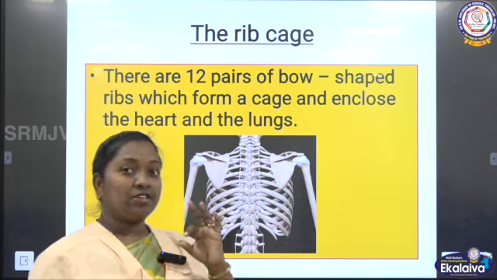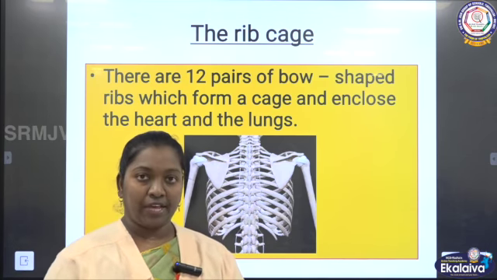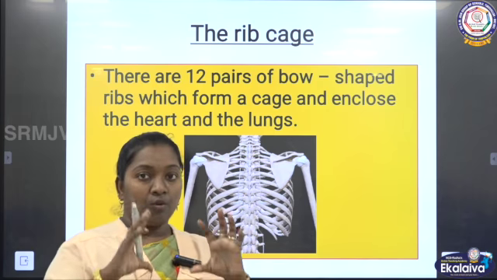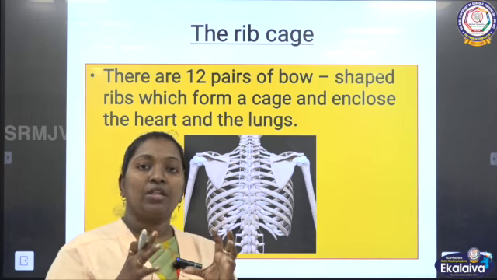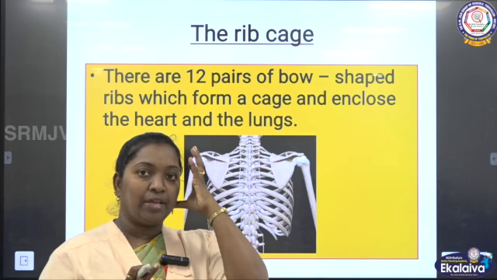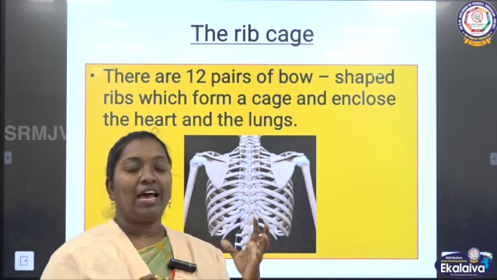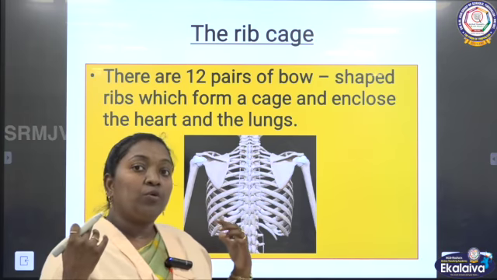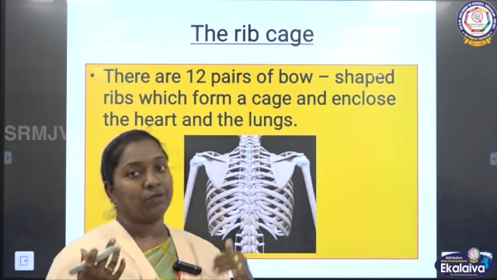Now the next type of bone we are going to learn is the ribcage. In general we can call it the skeleton, but one by one we are learning the names of the bones. The head is covered by the bone called the skull, and the back bone we can call the backbone or spine.